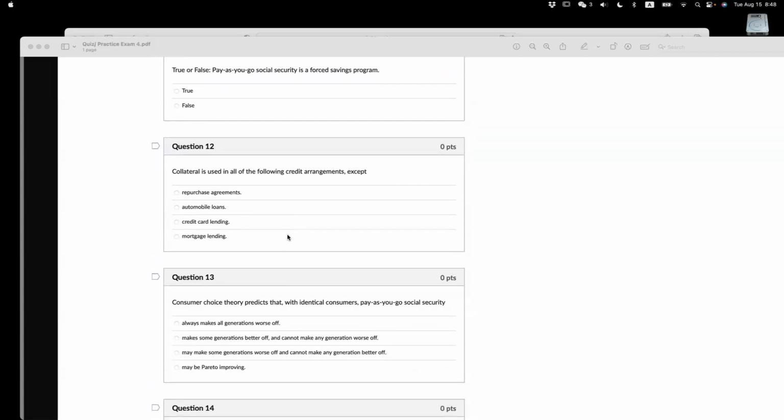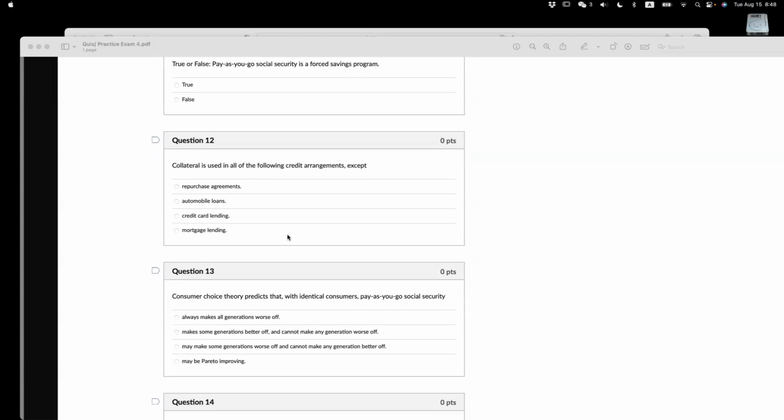Now, question 12. Collateral is used in all of the following credit arrangements except, so this is regarding financial friction. All right. So the correct answer is credit card lending, right? When you borrow using your credit card, there's nothing used as collateral. Let's look at other examples.